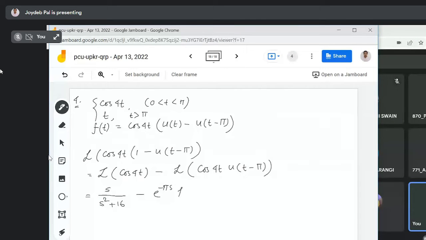So the Laplace transform of f(t plus a).